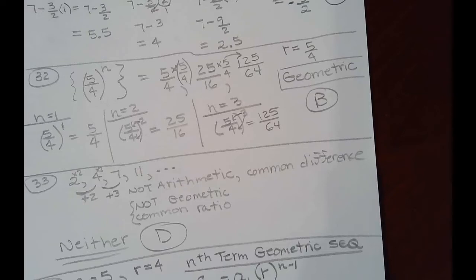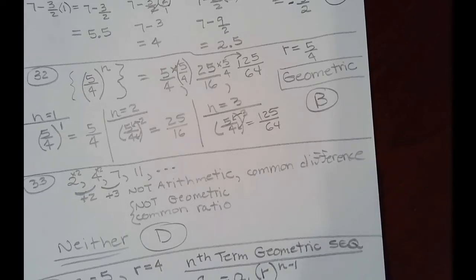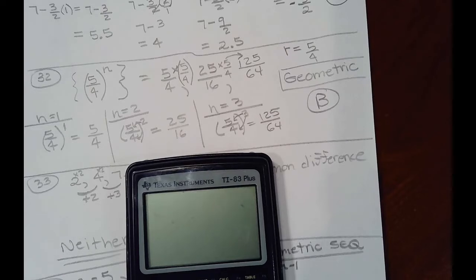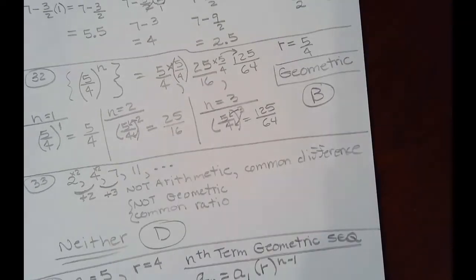So you have a 5 out here, and then you have 4 raised to a power of 4. And then you can put that right into your calculator, just as you see it. So it'd be 5 times 4 raised up to a power of 4, and you get 1280.